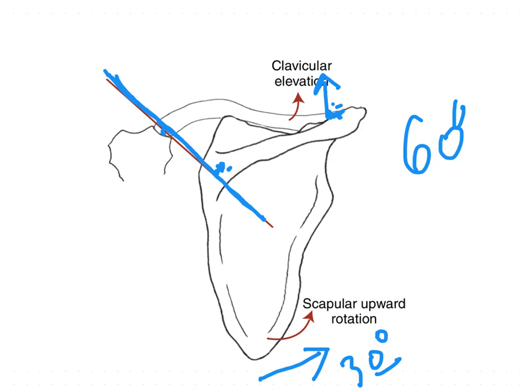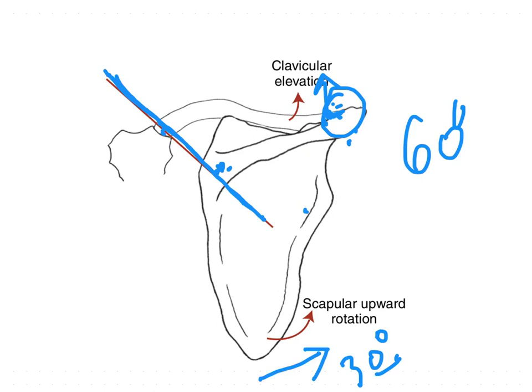Okay, through the initial upward rotation of the scapula that occurs with the clavicular elevation at the SC joint, the acromioclavicular joint maintains a relatively fixed relationship between the scapula and the clavicle. Here there is no upward rotation at the acromioclavicular joint.